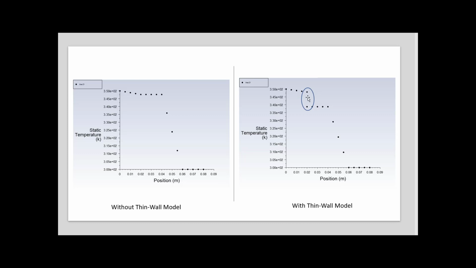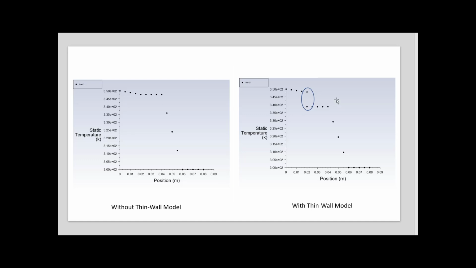Then you have two temperatures. This is, let's say, the temperature of the hot heater, and here in the other part is the virtual thickness that we impose in the thin wall model. The reduced height here is because we use a value of 0.1 meters, that is 5 times the height of the heater. That's the reason for this huge difference in temperature.